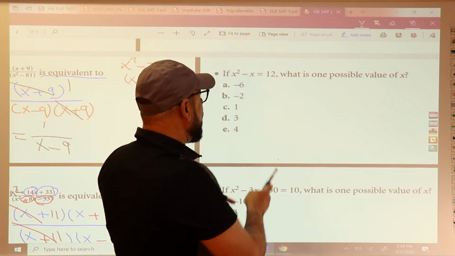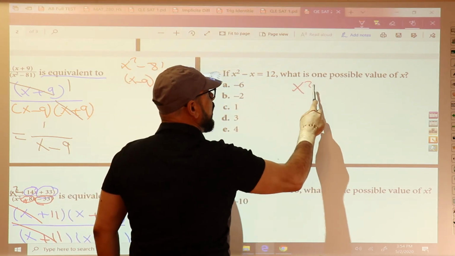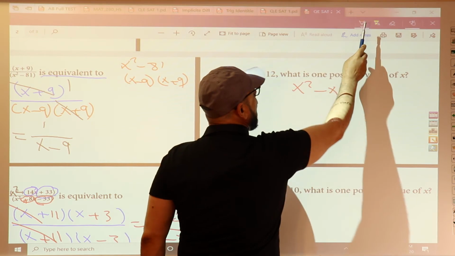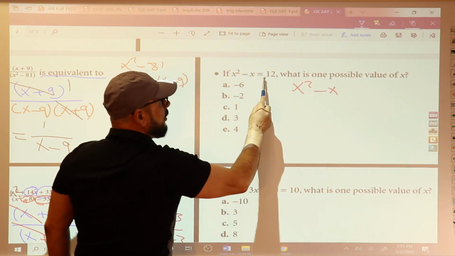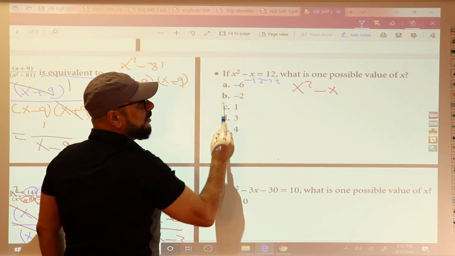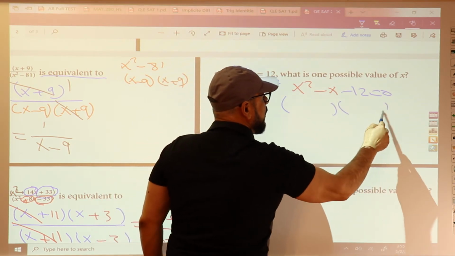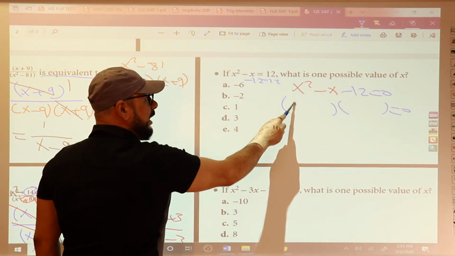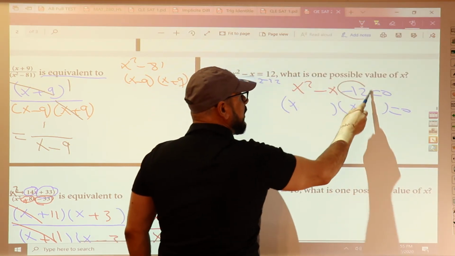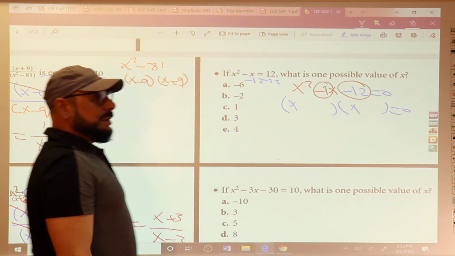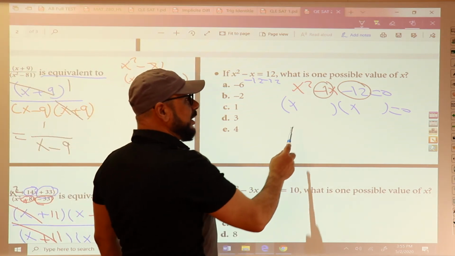One possible value. I have to move the 12 to this side to be able to solve it. X squared minus x. When you move this from this side to this side, you get minus 12 equal to 0, right? X and x. I need two numbers that multiply to negative 12 and add up to negative 1.